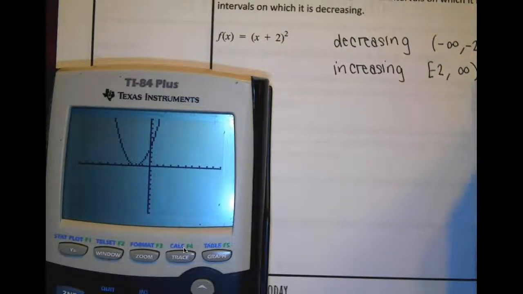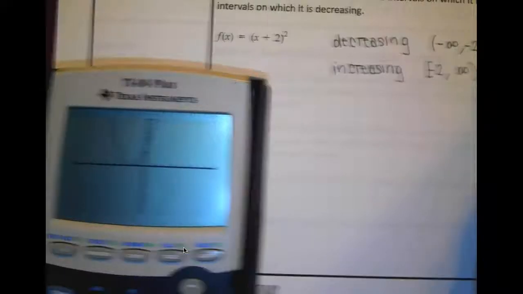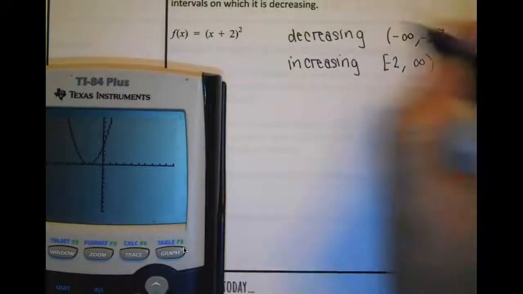Notice that it is both increasing and decreasing at negative 2.